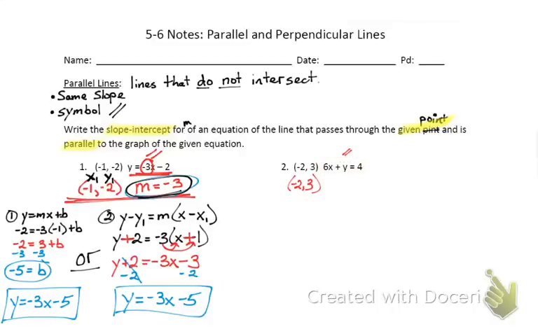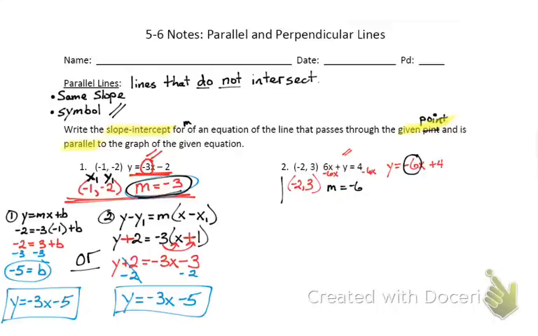And the reason I'm not real sure is it's not solved for y, so I would first have to subtract 6x on both sides, giving me y equals negative 6x plus 4, which then tells me, oh yeah, there's my slope. My slope is negative 6. So m equals negative 6.